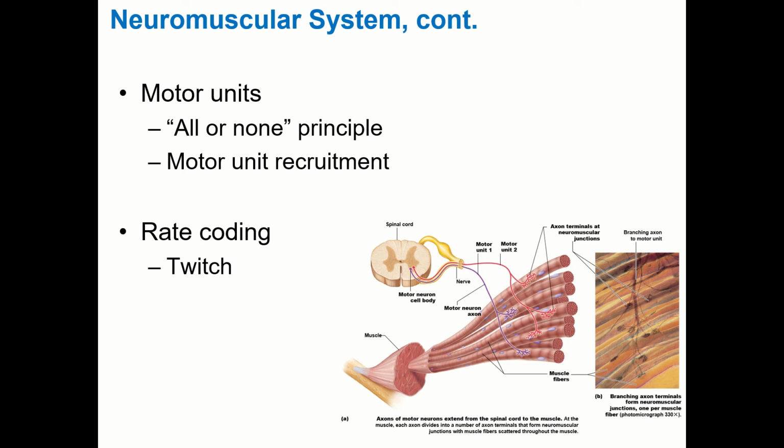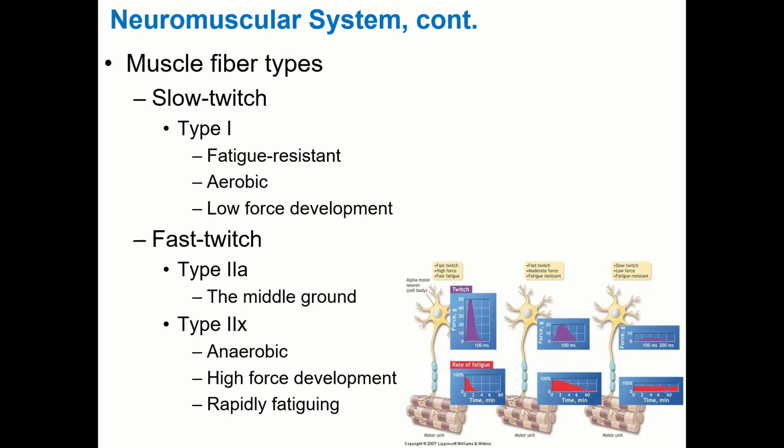So we're going to increase the number of action potentials per second coming down the alpha motor neuron. So the 2 primary ways that we increase muscle force, or increase our expression of strength voluntarily, is by increasing motor unit recruitment, recruiting larger motor units, and then increasing the frequency of depolarization of the alpha motor neuron, which is referred to as rate coding.